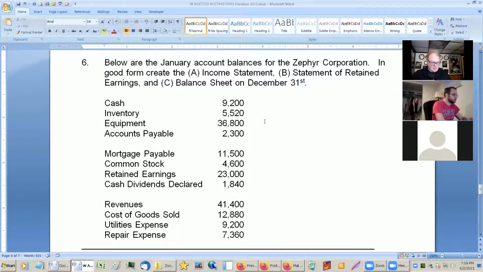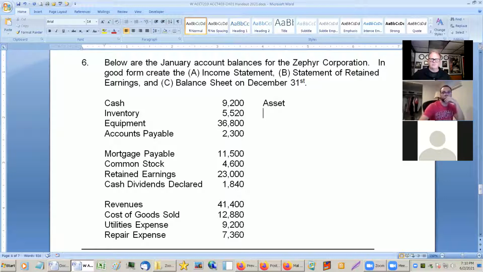Okay, what kind of an account is cash? Asset. Yep. Inventory, we haven't had yet. Would that be income? Does it have a value? Would it be income or a liability?